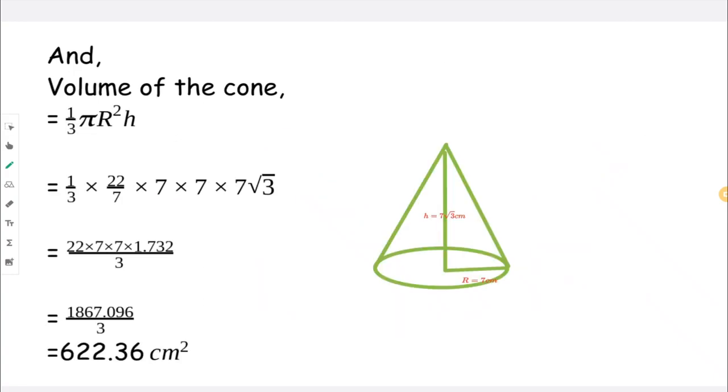Now the radius we already got is 7, then height 7 root 3. Then 7 2s are 14, 7 1s are 7. Now this root 3, I already told you, equals 1.7321. How do you get this? The shortcut I told you, remember: I reverse 3 to 1.